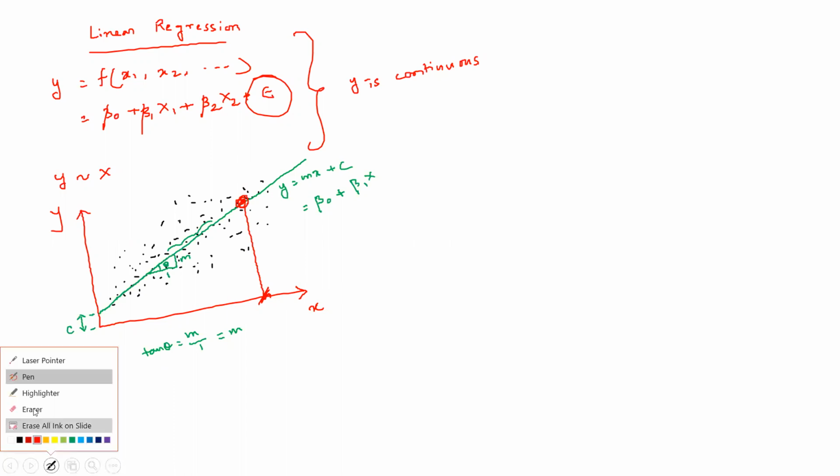And let's say the actual y value is somewhere here, which I have as an observation for this particular x. So this distance parallel to the y-axis will be my error. Like that, I will calculate some error for each of the points, and I will be taking the best value which will minimize this error.